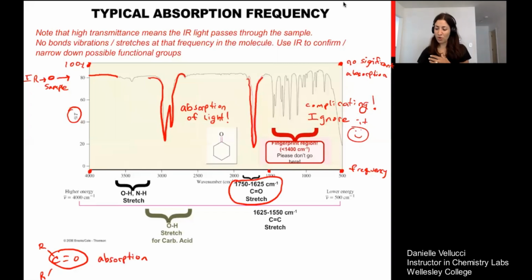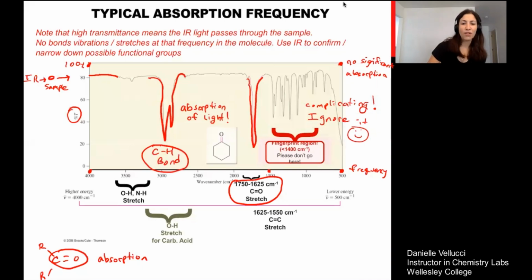Other notable absorptions that we're really concerned with in the IR: most organic molecules that we care about have CH bonds, okay? So the CH bond bending and stretching tends to be observed between 2800 and 3100. So you are typically going to see signals in that region, okay?